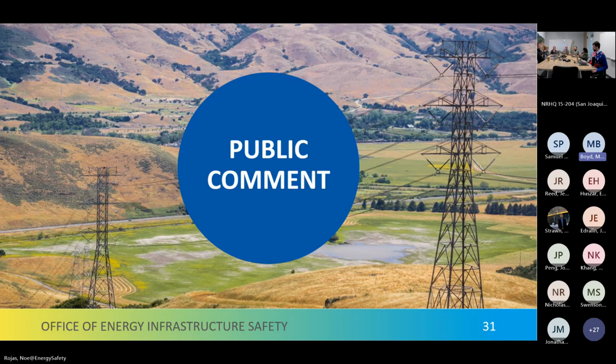So for example, Q1 would represent months January through March. Q2 would represent January through June. Q3 would represent January through September, rather. That way, Energy Safety is getting the most up-to-date relevant information regarding risk events.